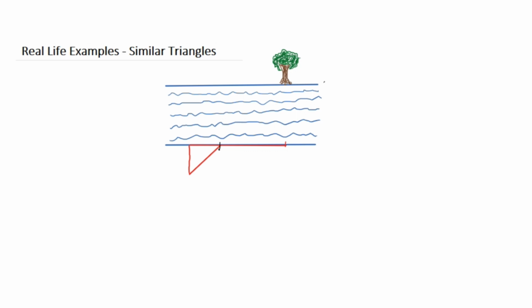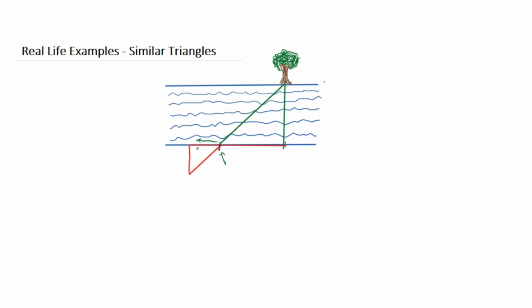And then let's draw an imaginary line from the tree to the point at which you are standing now. So that's the line, and let's draw another imaginary line from your initial position to the tree. Now what we have is two triangles here, and you're at this position right now, and all you have to do is walk this way and measure the distance that you have covered.